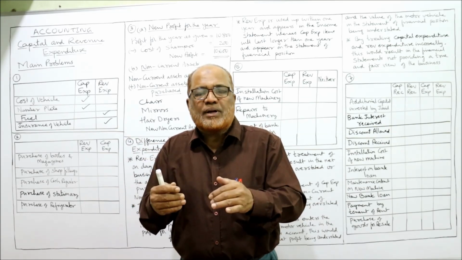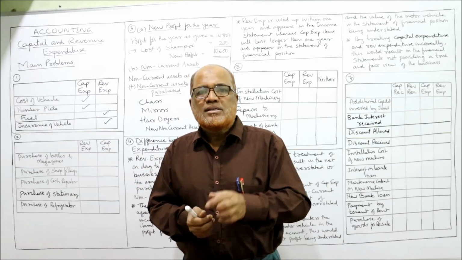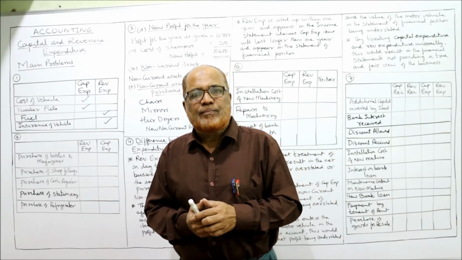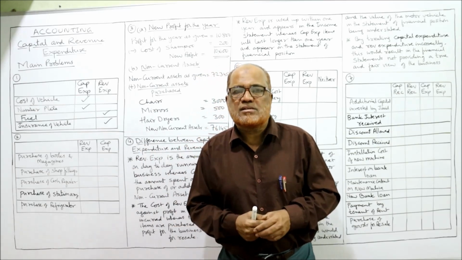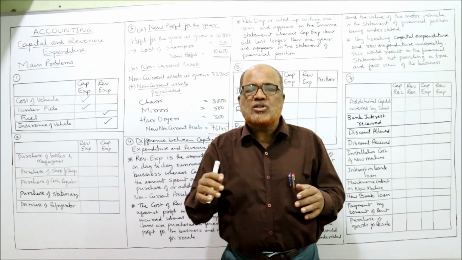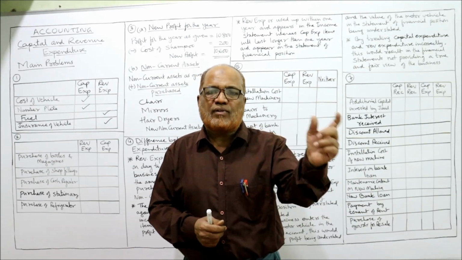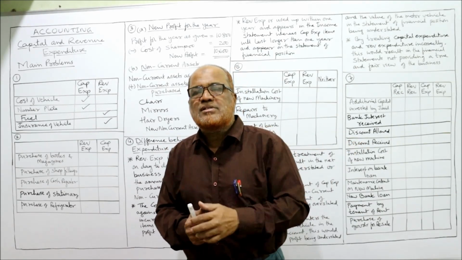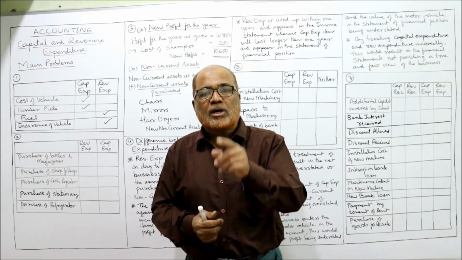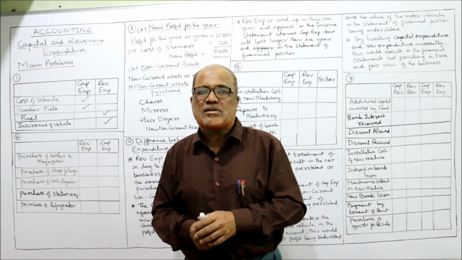So when furniture are purchased, it's a revenue expenditure. If another business is a cloth business, and some furniture are used in it, it's a capital expenditure. So the same furniture in one business is a capital expenditure, in the other business it is a revenue expenditure. So it depends on the nature of the business.